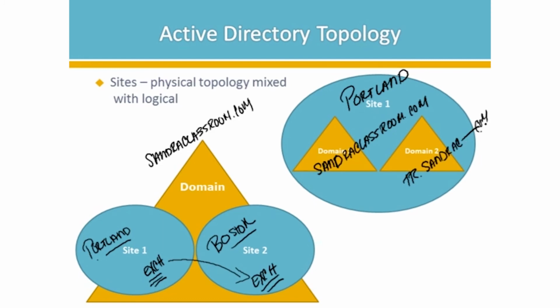So yes, we do have two domains, your child domain and the other domain. It could be two unrelated domains as long as they're all part of the same forest. But again, they're all sitting in the same physical site.